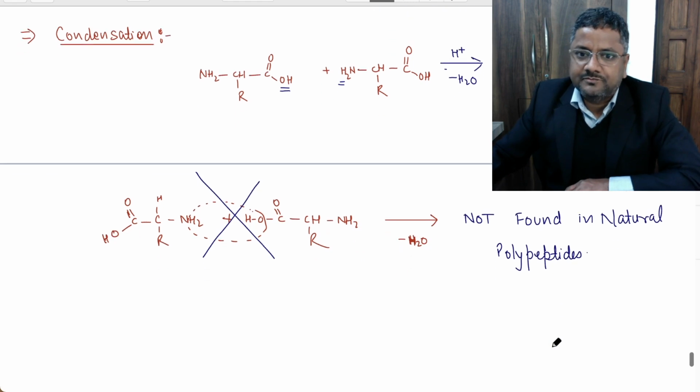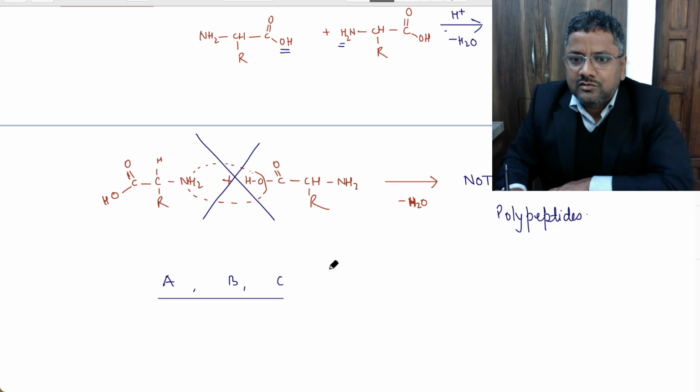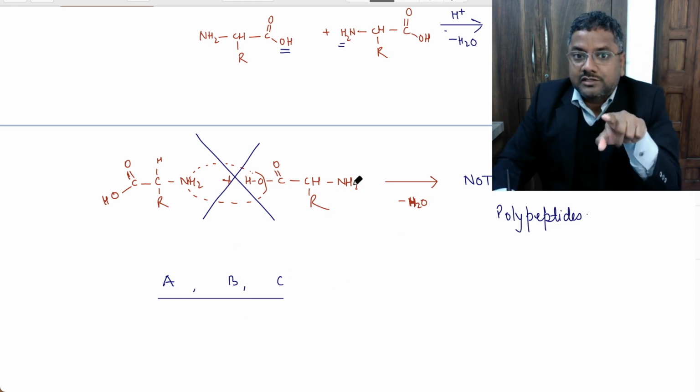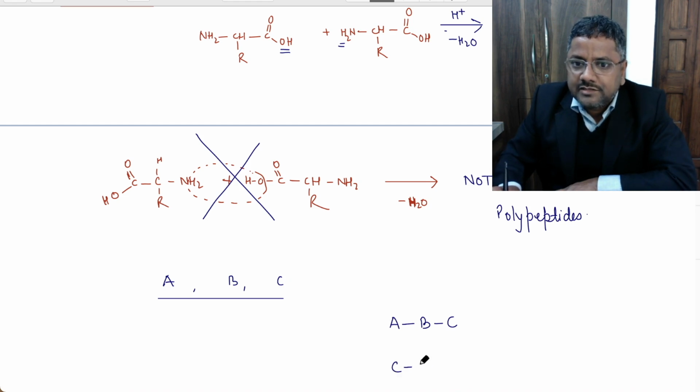Suppose you have three amino acids, let them be A, B, and C, and you are asked to synthesize the tripeptide. I'm not saying that it is not possible in the laboratory. In the laboratory, everything is possible. But in nature, this is not possible. So suppose the sequence of amino acids is given like this: ABC and CBA. Suppose these two sequences are given.